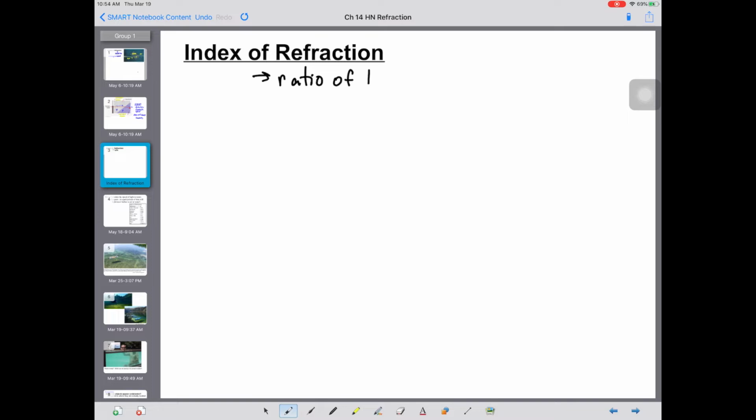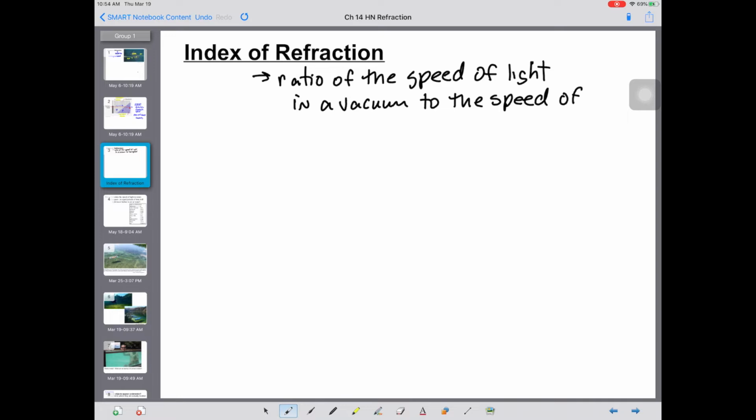So then we define the index of refraction as the ratio of the speed of light in a vacuum to the speed of light in whatever your substance is.